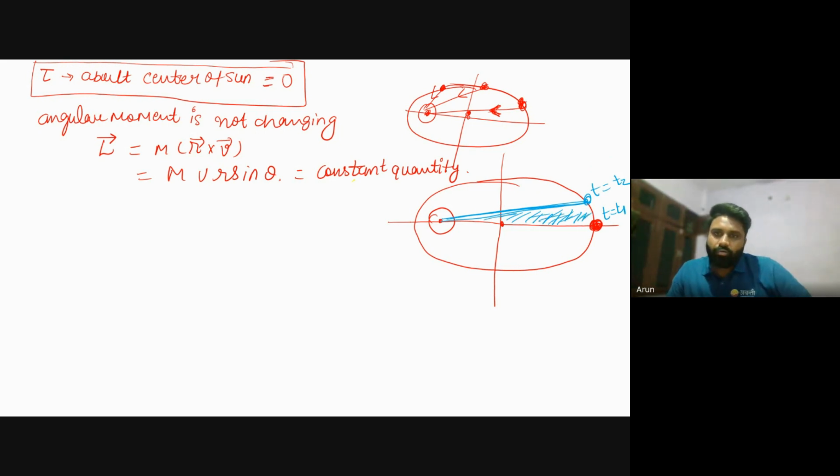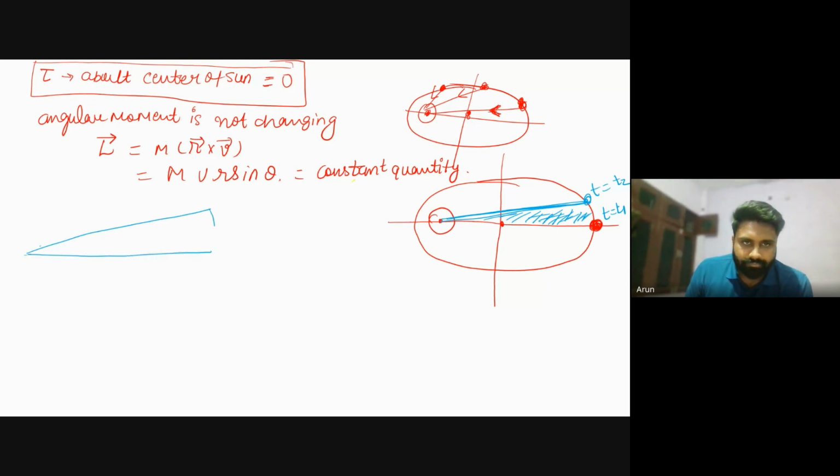So if I take out this portion only, it will look like this. A little curved path is there. So what we can do, we can assume the distance from the center of the sun to the center of this planet to be small r. Okay. And this angle would be theta.